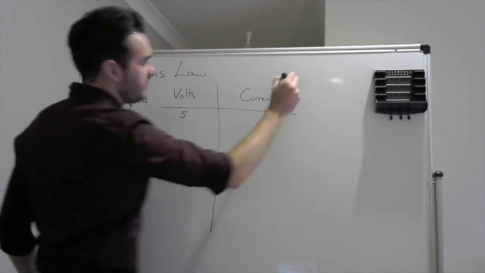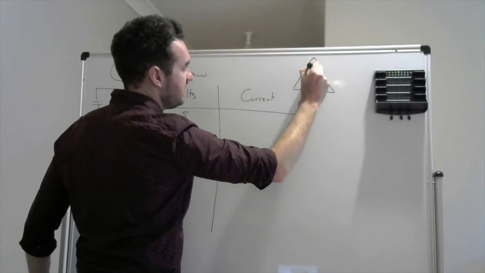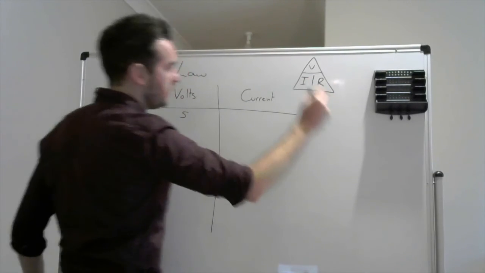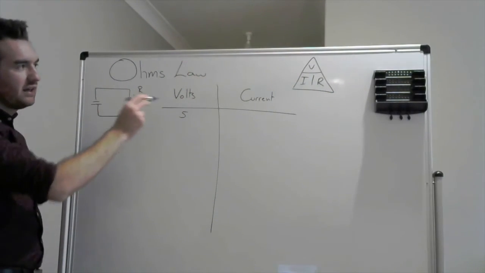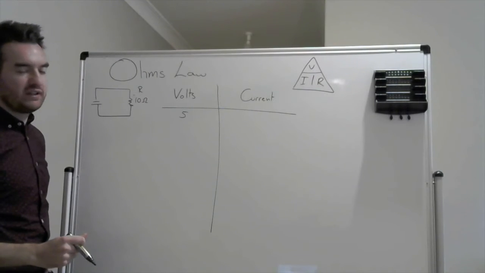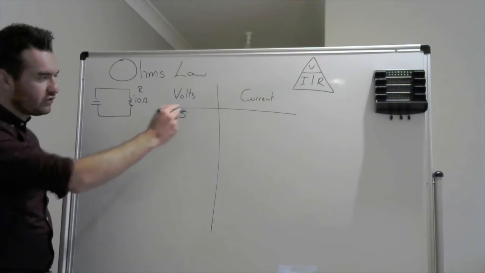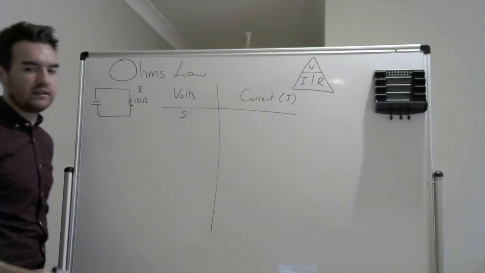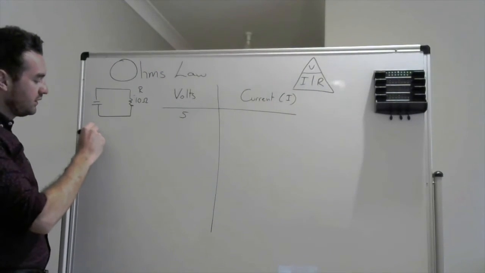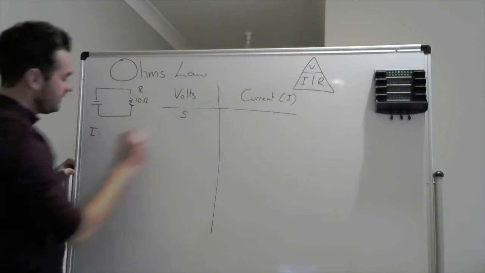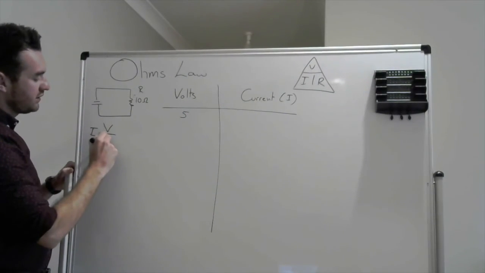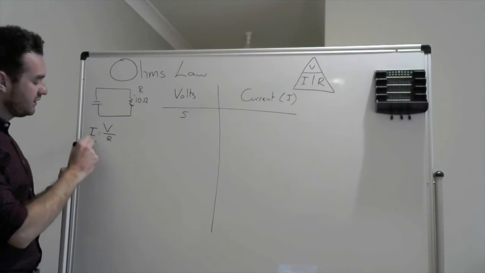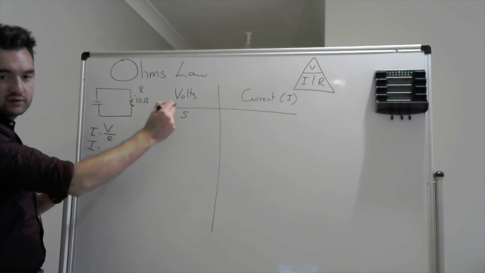Let's do a little triangle up here again. V over I R. We know R is going to be 10, and I've just told you that volts is going to be 5. So what is our current going to be? I is going to equal V divided by R. So all I need to do now is substitute in the numbers that I have. So I is going to equal, our volts are 5.